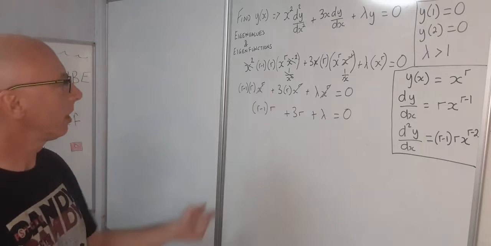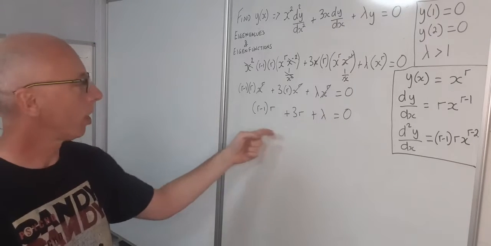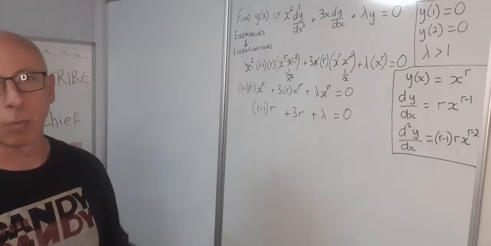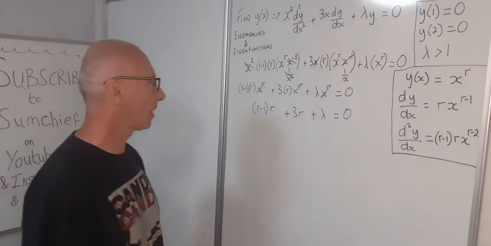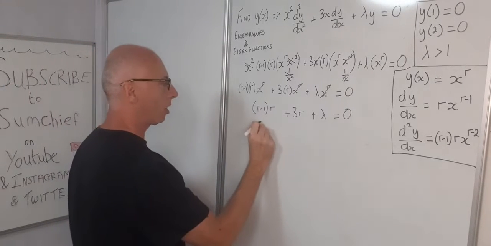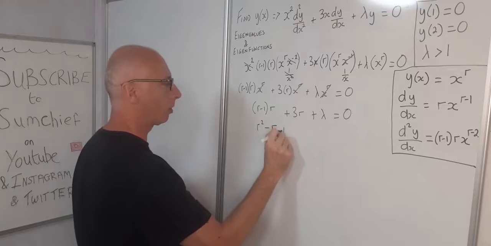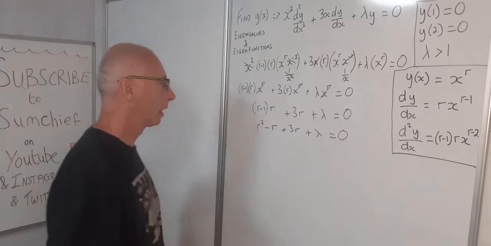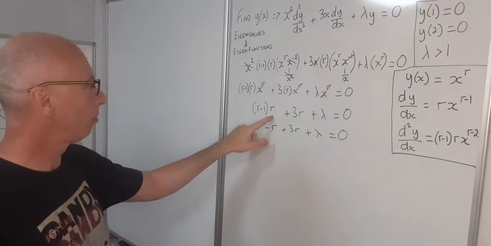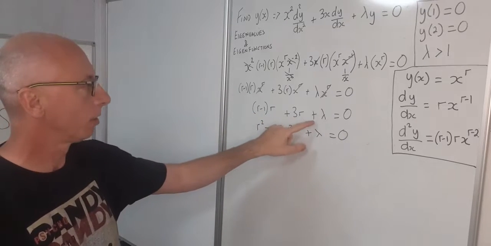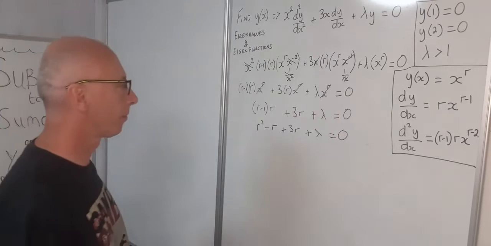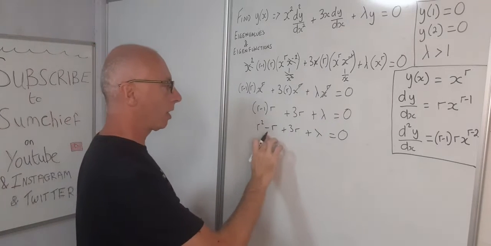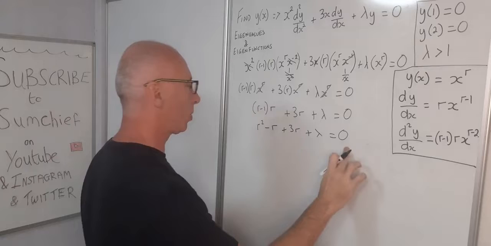Okay. Next obvious step is to try and multiply this out, and it looks like we're going to head towards some sort of quadratic. So now we've got r squared minus r plus 3r plus lambda equals 0.